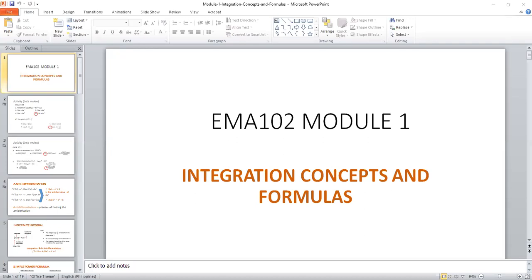Before we go to our main course, we'll first look into the things that you have learned last semester, and it's very important that you are able to differentiate. Can you get a piece of paper and a ball pen and find the second derivative of 3x cubed plus 2 over x.